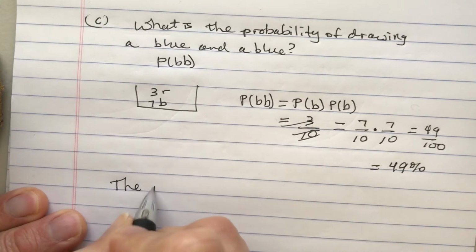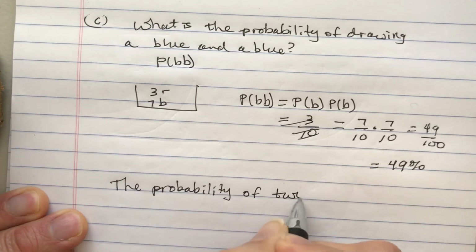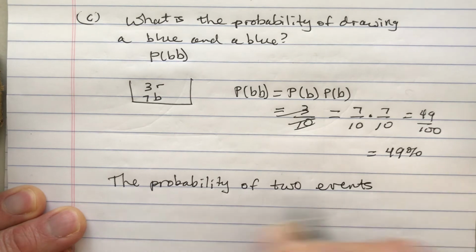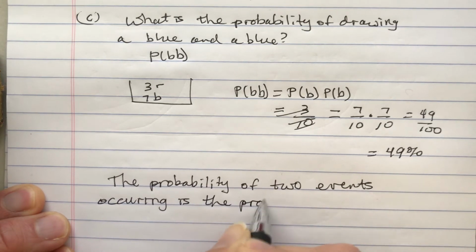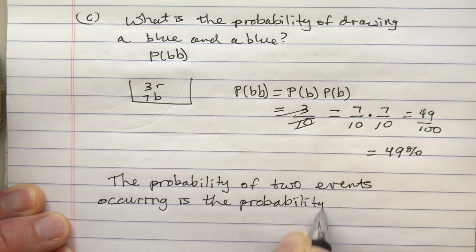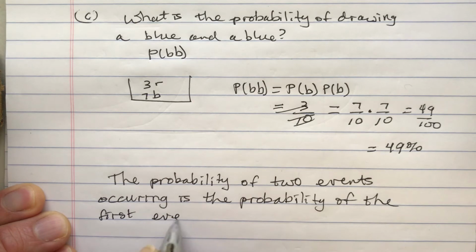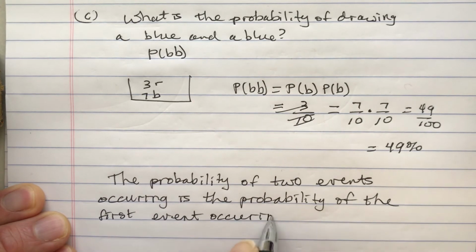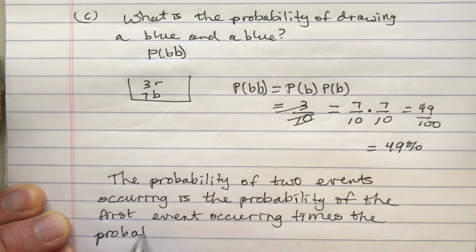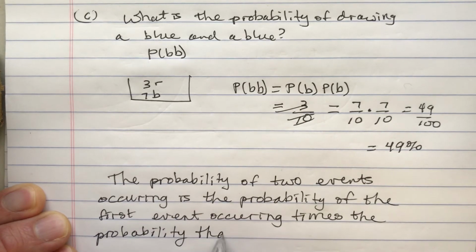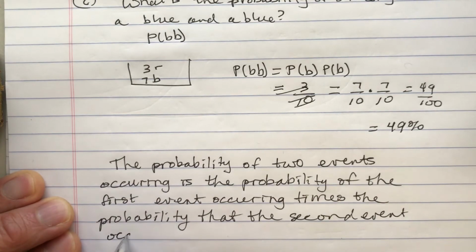The probability of 2 events occurring is the probability of the first event occurring times the probability that the second event occurs.